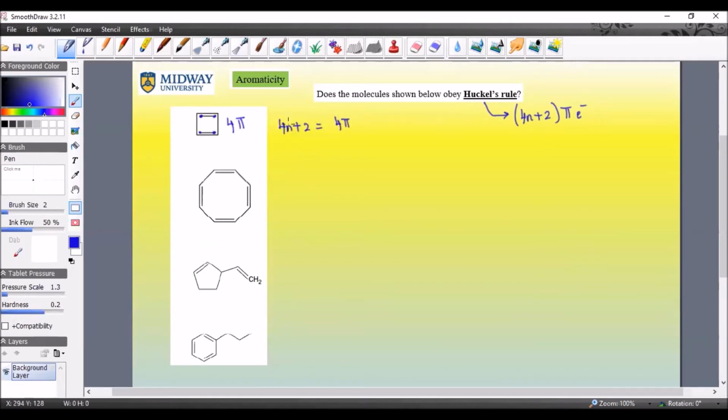Well, you should be able to substitute values of n equals 0, 1, 2 into this so that you should be able to get 4 pi electrons back. If you can't, that means that particular molecule doesn't obey Huckel's rule. So you may not even have to do the other two criteria sometimes, right? Just do Huckel's rule first, and I think that automatically will help you determine if the molecule is aromatic or not.